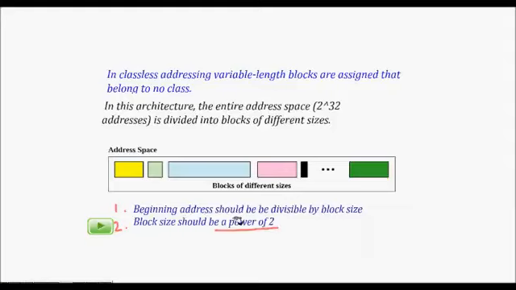The first restriction is important because, let's say our network size is 512, which is a power of 2, so this is fine. Why should the starting address be divisible by the block size? It means the starting address should be a multiple of 512. Then my end address will be obtained by adding 512 to it.